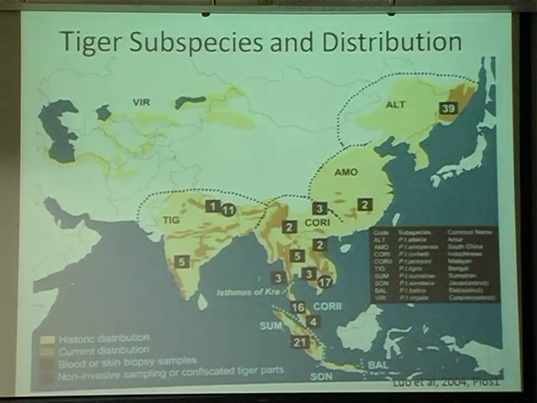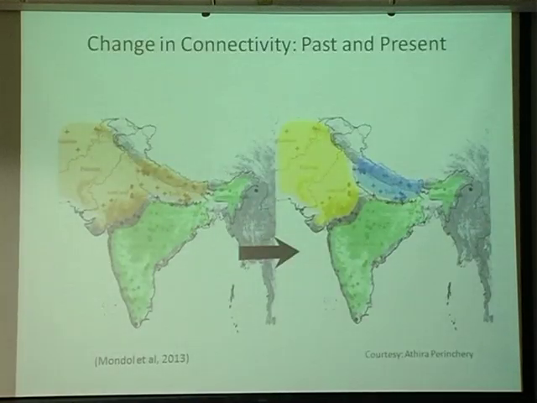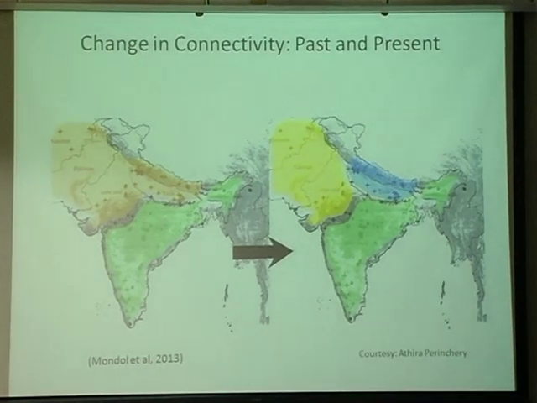So in a study that was done in the lab previously, they basically collected samples from tigers present in historical times, so from museum samples especially, and they wanted to see if there's any change in connectivity between past and present. So looking at the museum samples, this is the result of a structure plot, put in graphically, to look at whether there's any substructuring.